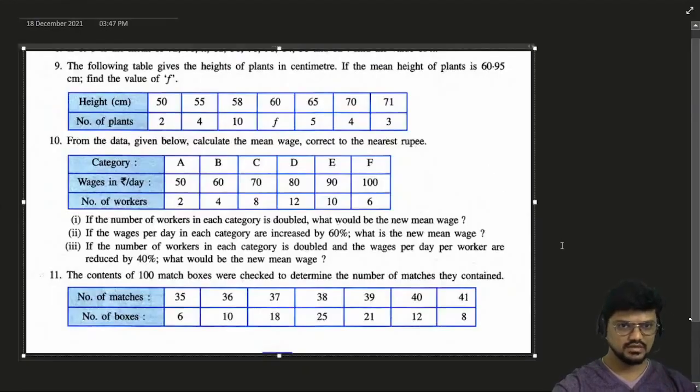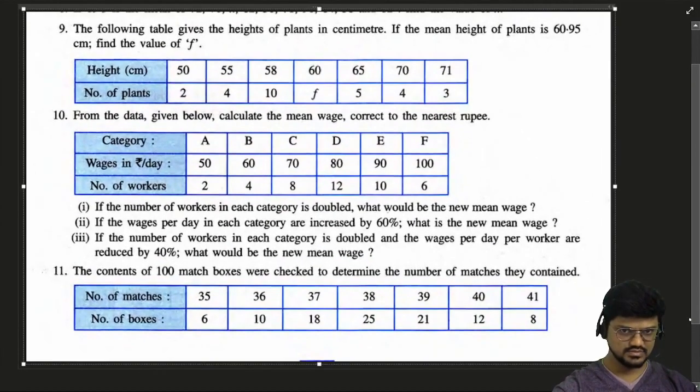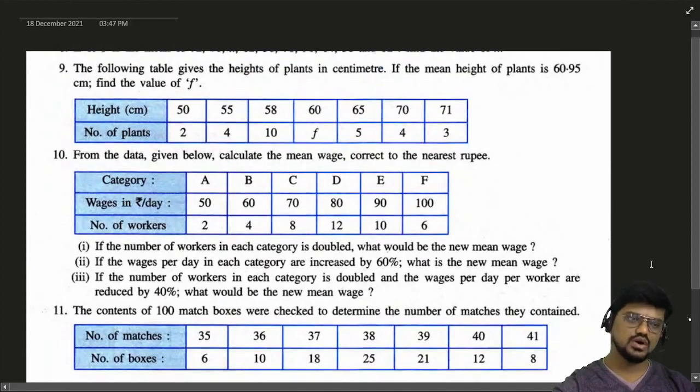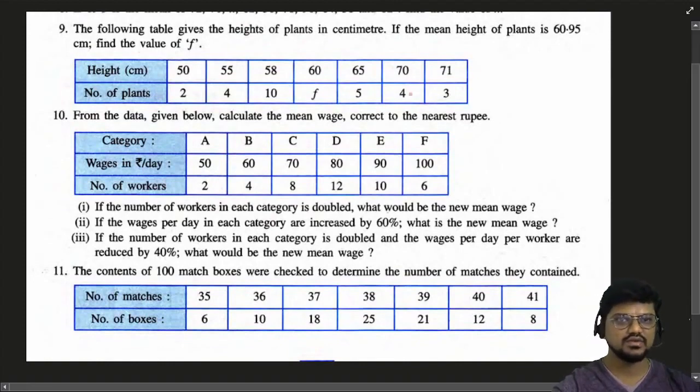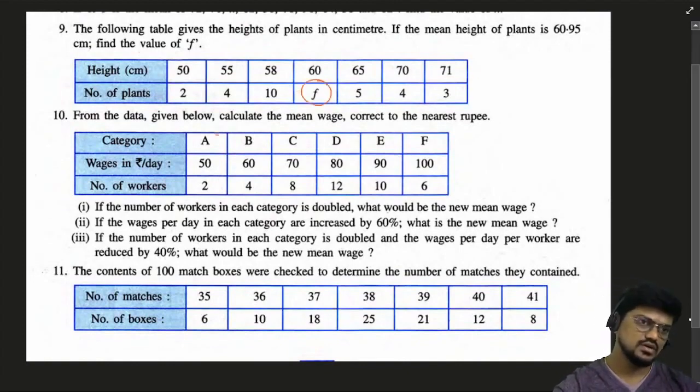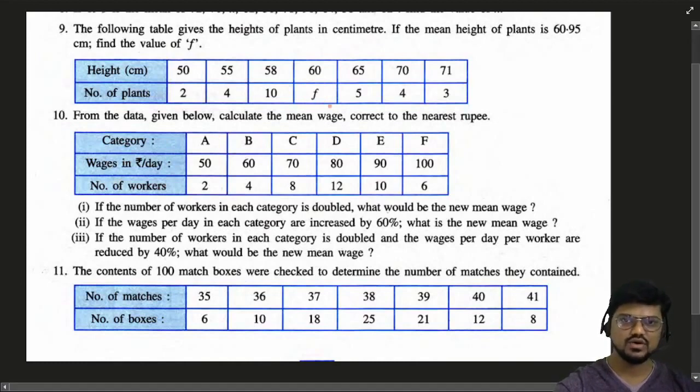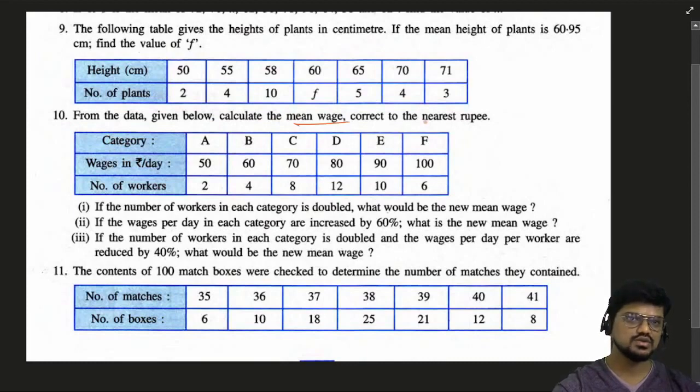See, this is the Concise Selina book of ICSE. It's almost the same. The data they have given has a frequency, and you have to do the same thing. Use an appropriate method in this also. Over here also you have to calculate the mean wage correct to the nearest rupee.